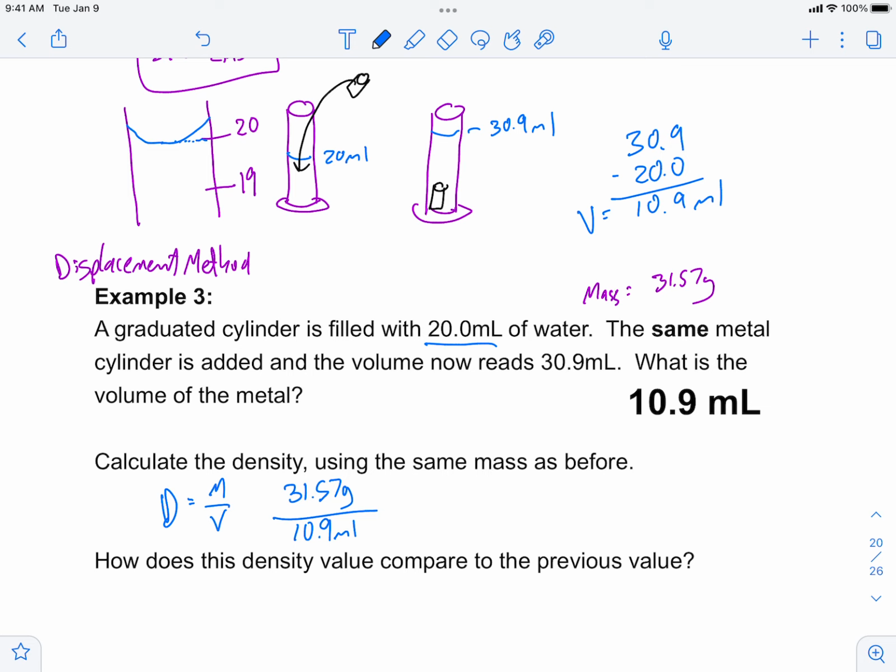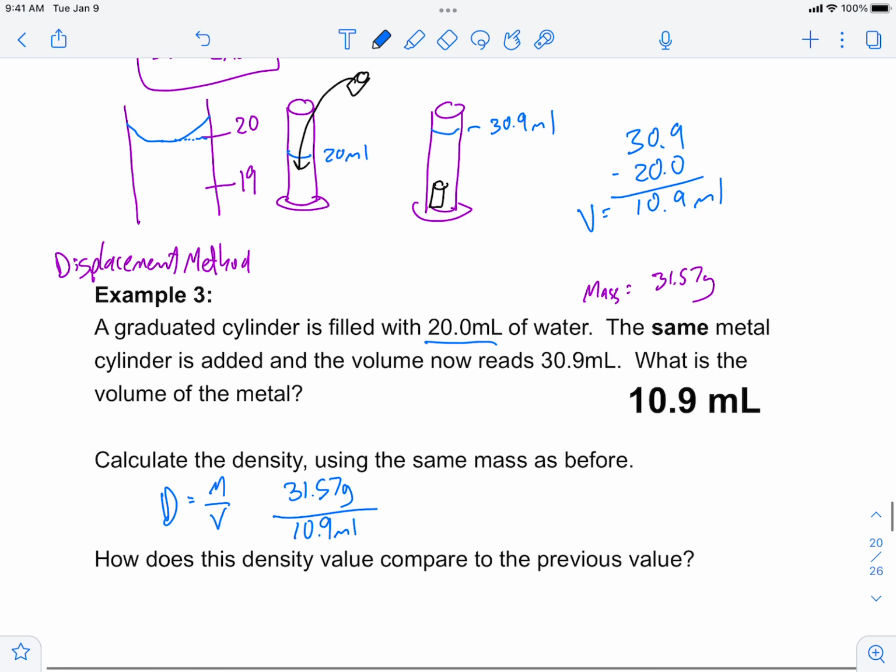So if it seems like it's right on the line, you know there's 20 milliliters, but you are expected to estimate the tenths place, and that's why they said 20.0. Could you have said 19.9 or 20.1? Yes, you could have said those.